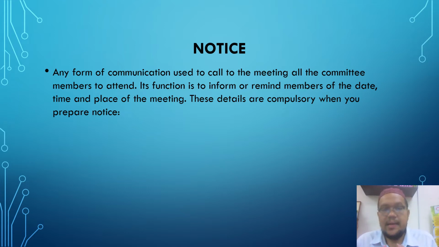Remember: date, time, and place of the meeting. It's not necessarily printed, because nowadays we have technology. Maybe the secretary issues it through email, or WhatsApp, or any platform, as long as the members know the information of the meeting. Three things: date, time, and place.